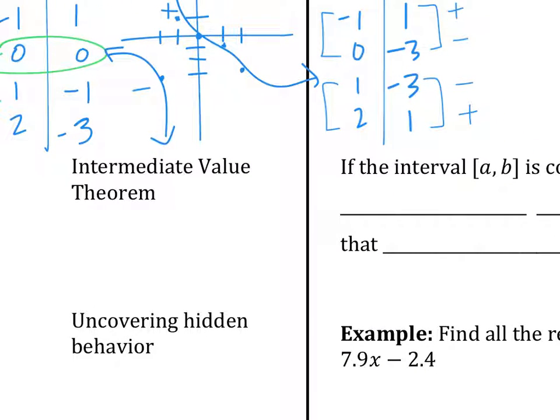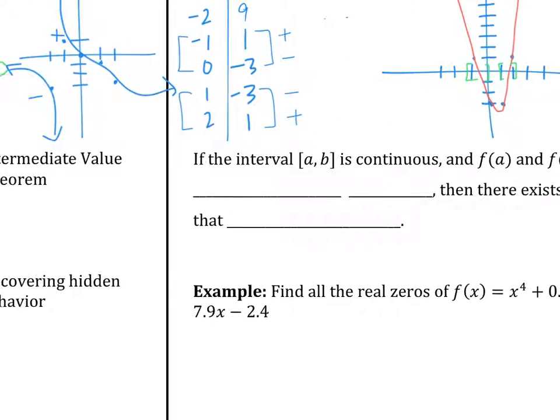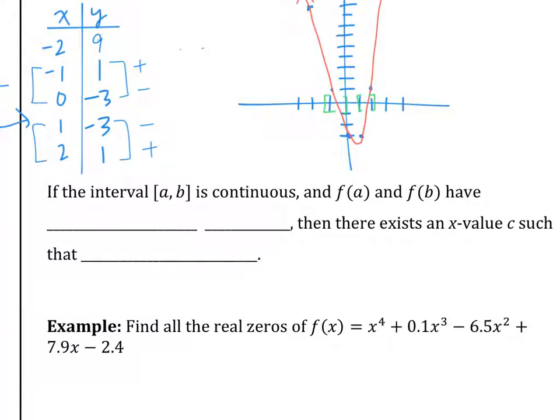Okay, so this is a very important theorem, which if you do calculus next year, you will learn. It's called the intermediate value theorem. That says a few things. First, if the interval A to B is continuous, that is a very, very important requirement. It has to connect everywhere. The second thing, and that f of A and f of B have opposite signs.